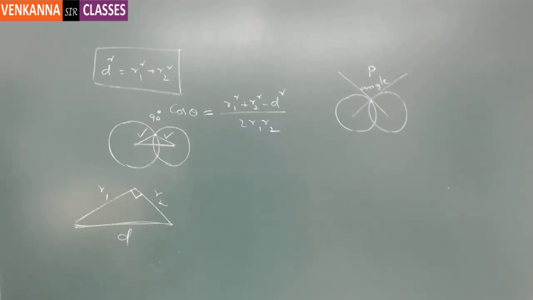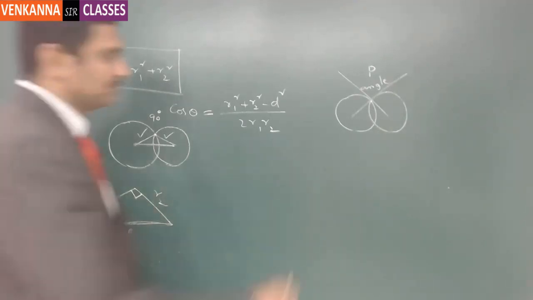Another thing is, if you write the general equation of the sphere, x square plus y square plus z square plus 2ux plus 2vy plus 2wz plus d equal to 0. So if you have considered two spheres, if they intersect orthogonally, then by applying this condition, the result will be reduced as follows.